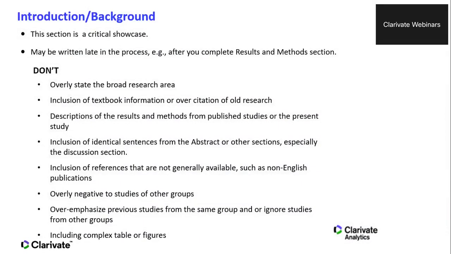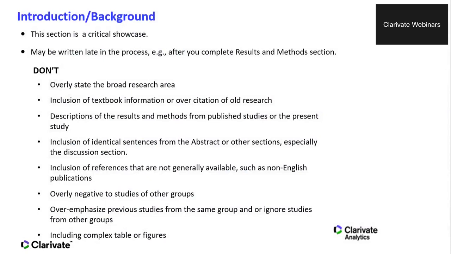So let us start first from the introduction and the background section. Now, the introduction is a critical showcase. It explains the scope and the objective of the study in the light of current knowledge on the subject. Every scientific paper, an original article or a review article, a case report, or a letter needs to have an introduction section.